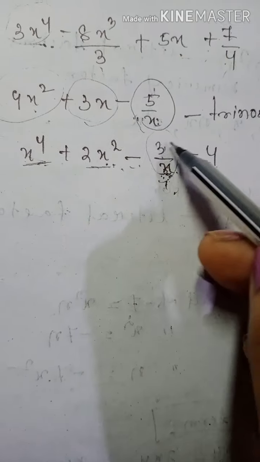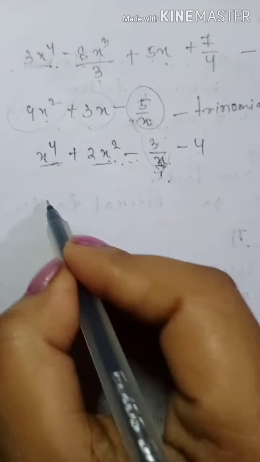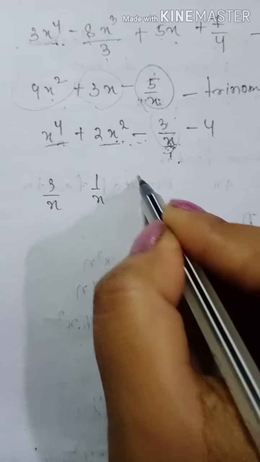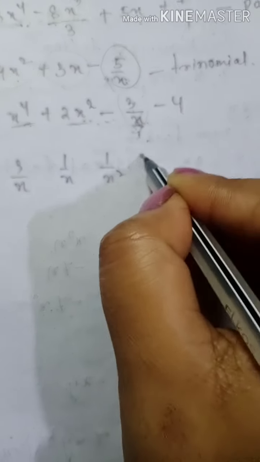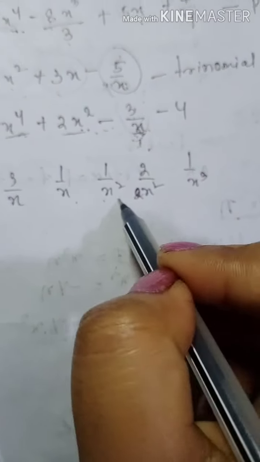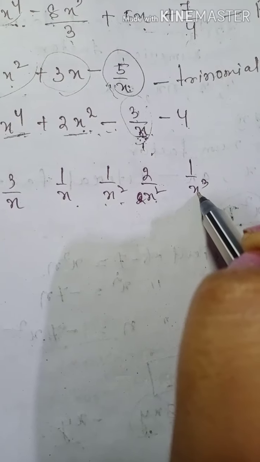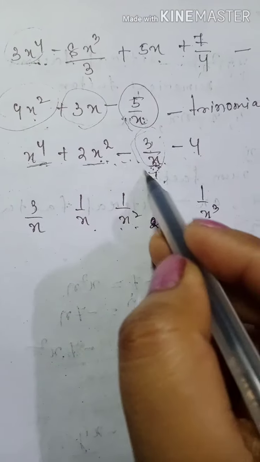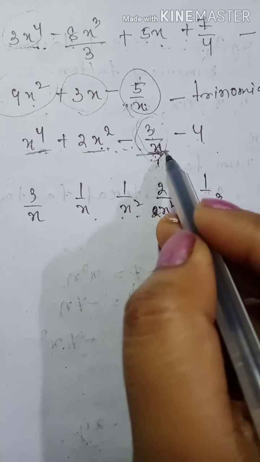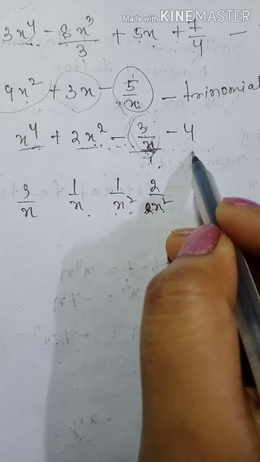Understand? I am telling again: 3 by x, 1 by x, 1 by x^2, 2 by 2x^2, or 1 by x^3. If literal variables are present in the denominator of fraction-type terms in an algebraic expression, then it is not considered a polynomial.